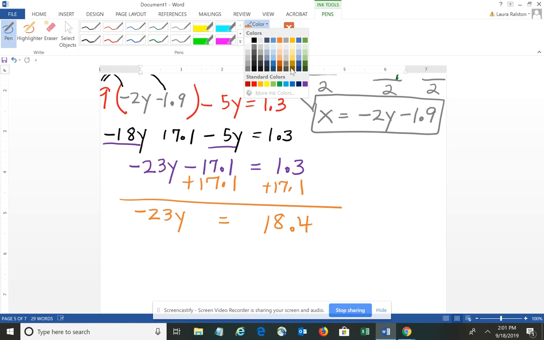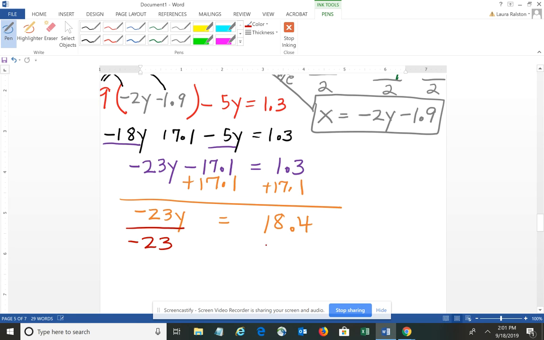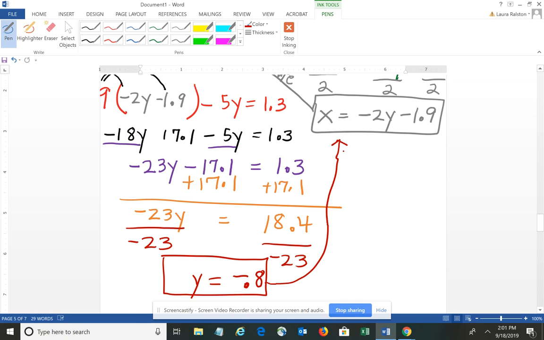And then finally, I'm going to divide both sides by negative 23. So y equals 18.4 divided by negative 23, which is going to be negative 8/10.